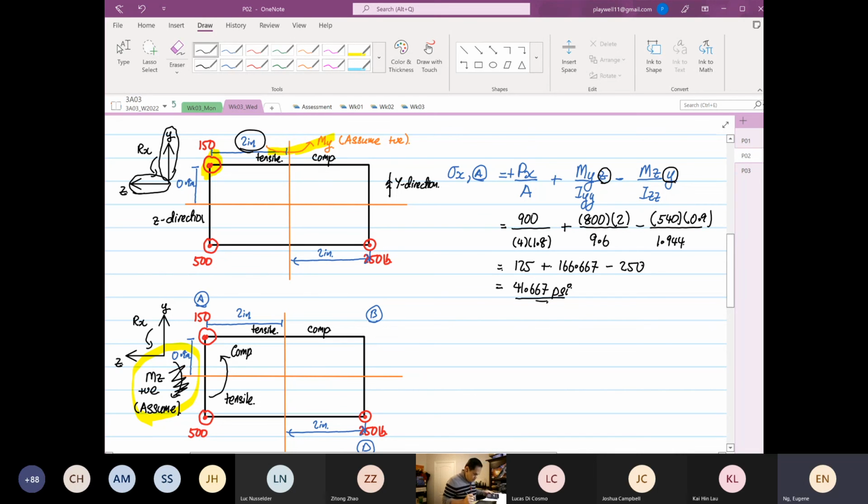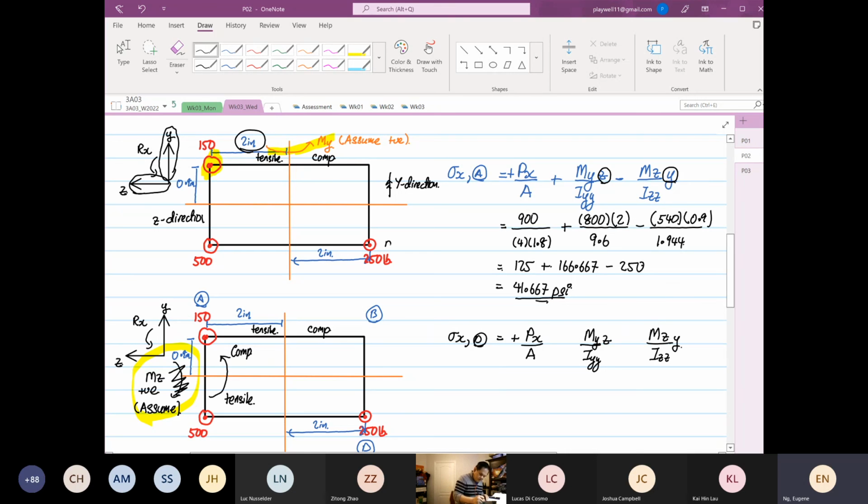Then we're going to calculate the stress at point D. We know that Px over A is always constant, the same magnitude and direction for all. Next is your My over Iyy multiplied by Z, and Mz over Izz multiplied by Y. Still apply the same thing.